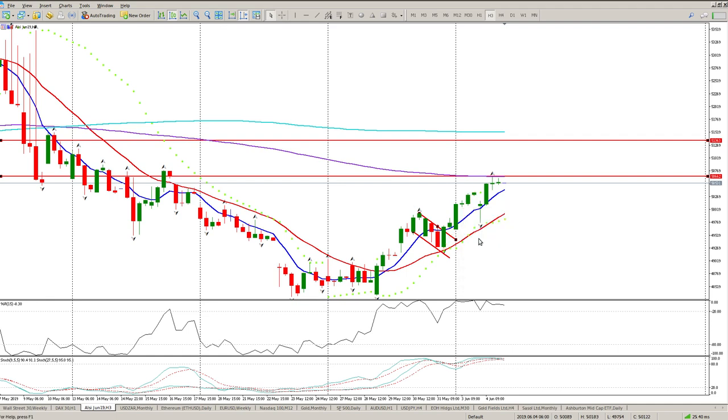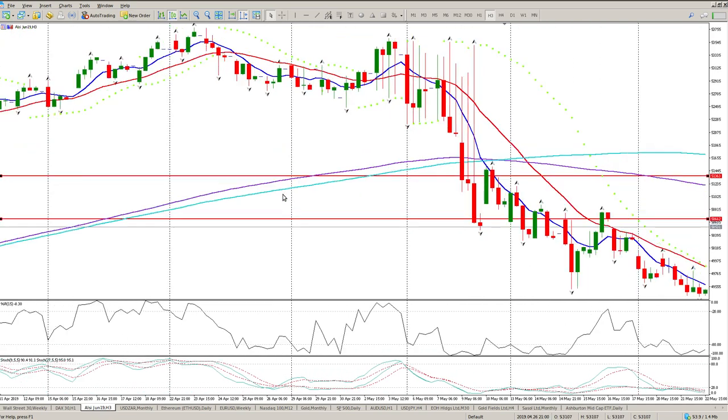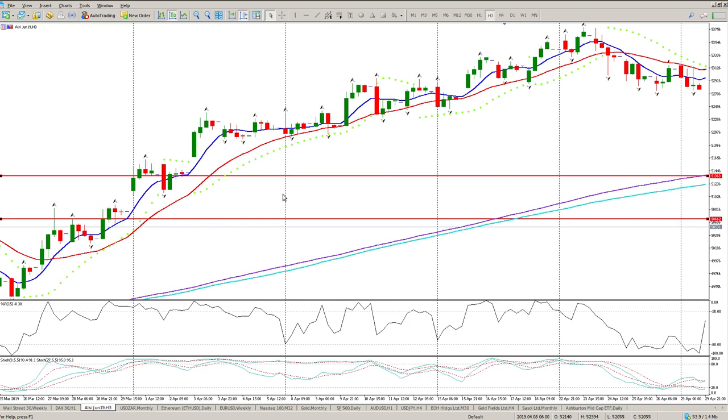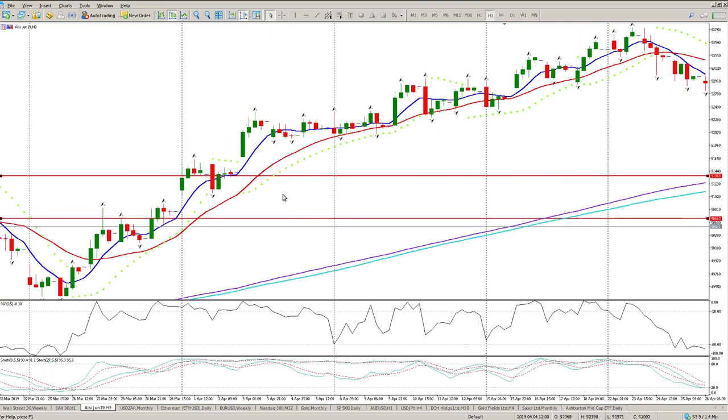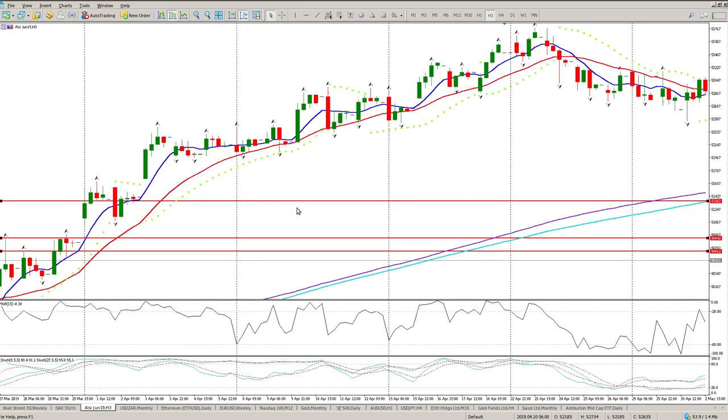There may still be some more upside, but looking at what's happening on the oscillators, I'm expecting some kind of consolidation or a pullback before the next move. If I look to the left, the only other level that I see here is that one there.